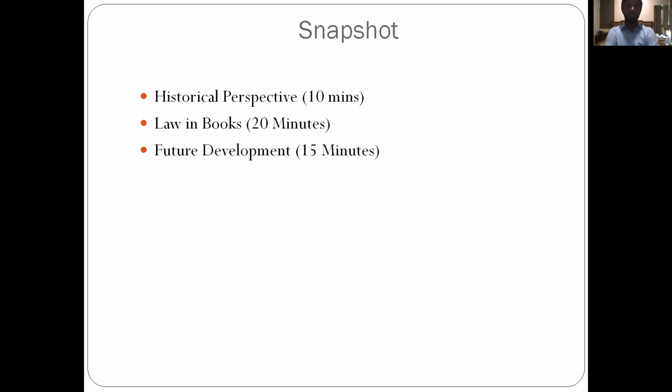And I think the third segment is the most important, because as lawyers, as litigators, as future corporate counsels, we're too engrossed in the middle section, which is the law in the books, without having enough thought about how the law should develop. And I say this acutely aware of the fact that the law as it exists in the books has a lot of lacunas, it has a lot of vacuum.